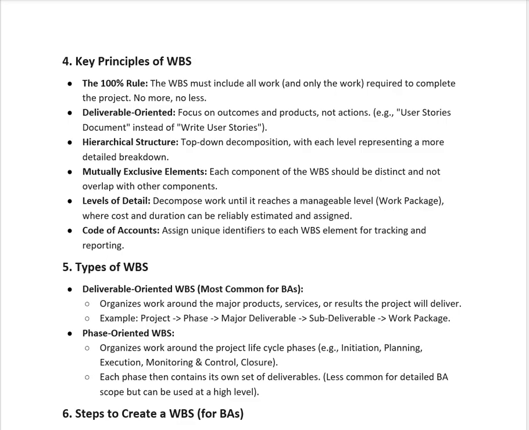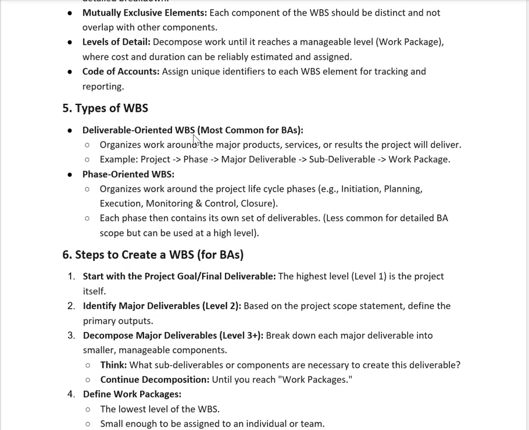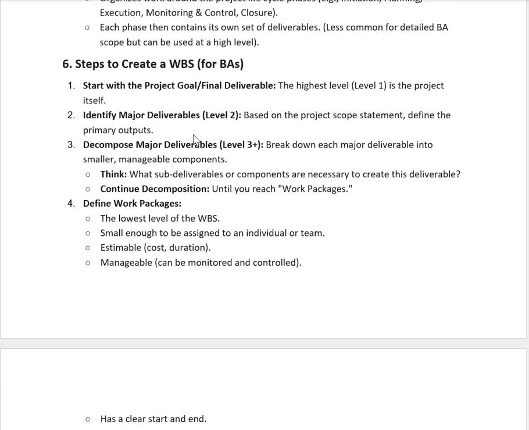Each phase then consists of its own set of deliverables. That's common for the BA scope, but can be used at a high level to analyze these things. Then the next step is to create the work breakdown structure. I'll explain in detail the elements and components we should consider in the work breakdown structure. So let's start with the project goal and the final deliverable.